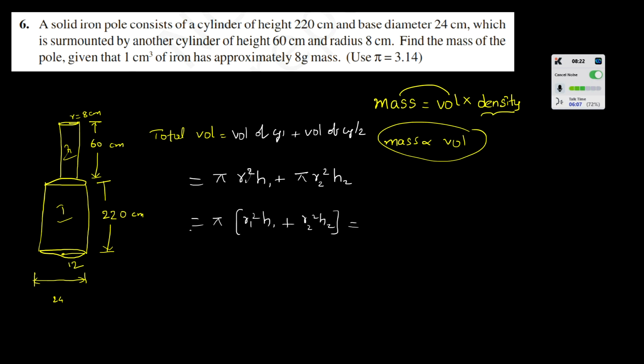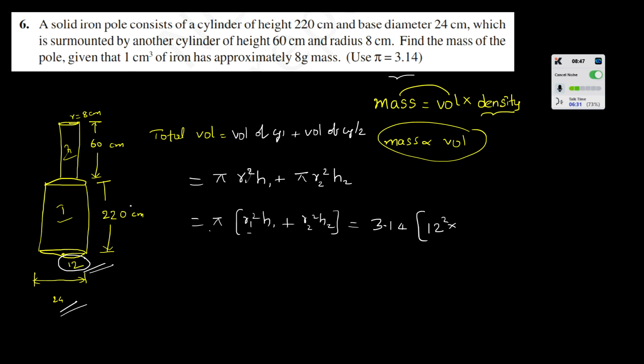Now pi is 22 by 7, but it was given to use pi as 3.14. So instead of 22 by 7, I will use the pi value as 3.14 into r1 square. R1 is 12, because the diameter is 24, so the radius will be 12. So 12 square into h1 is 220 centimeters.